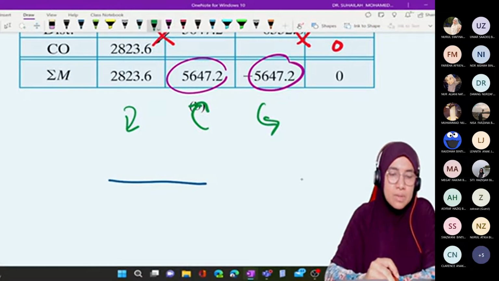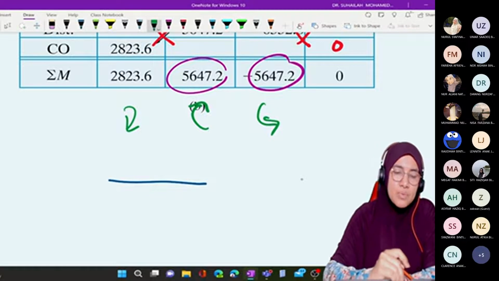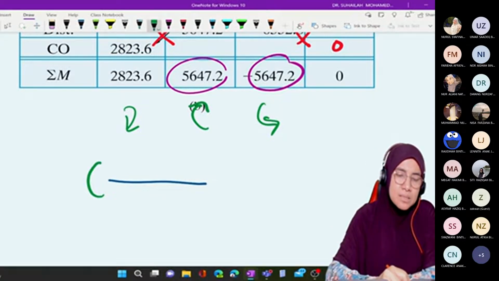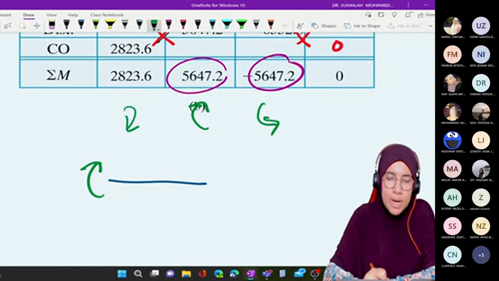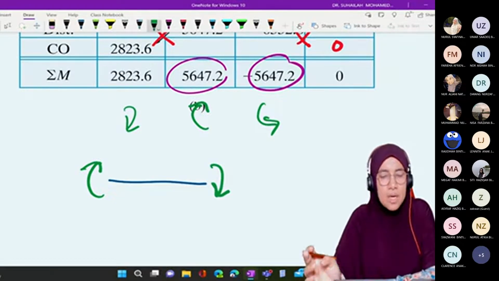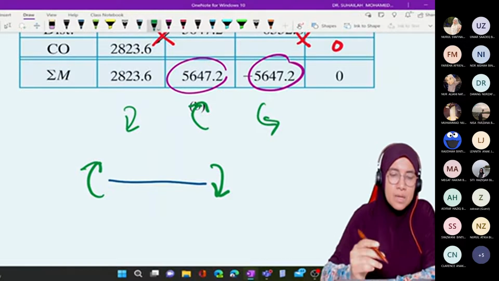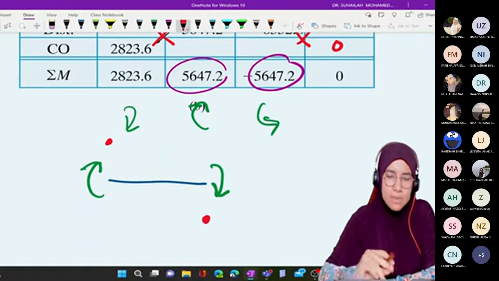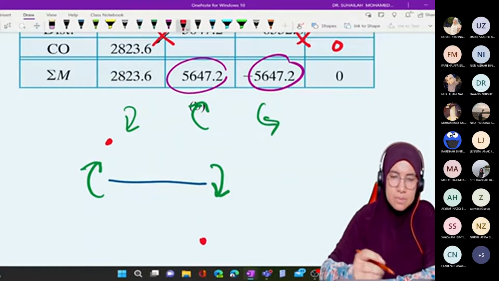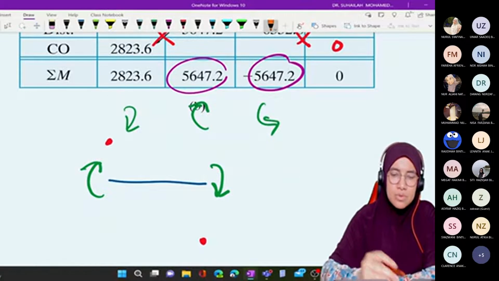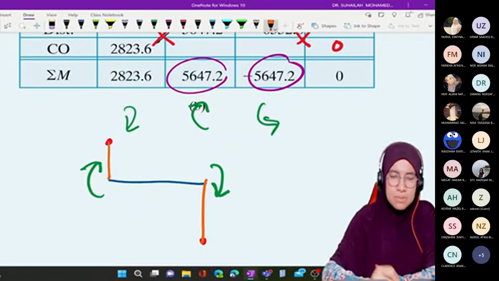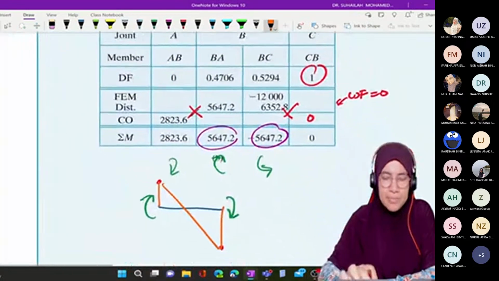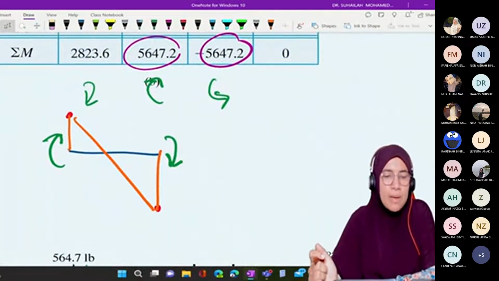So we just need to draw the moment direction. Clockwise is going to be like this. Clockwise, so it means that the position is here and here. Okay, so we get this as the bending moment diagram for member AB, clockwise.